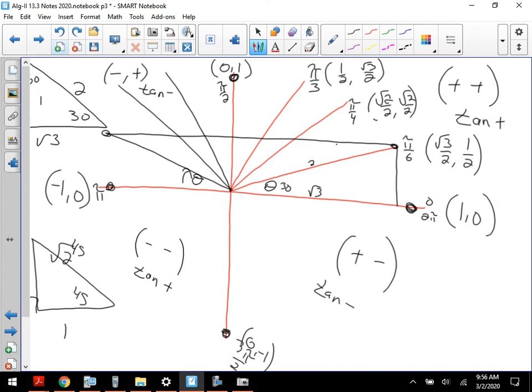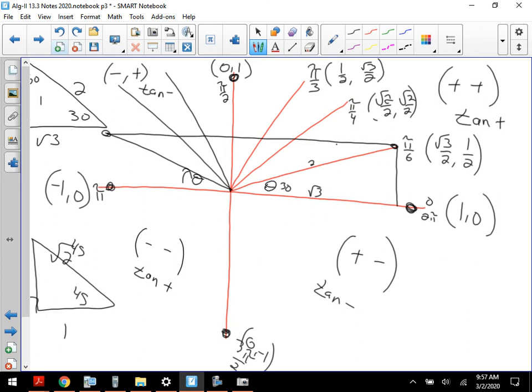So what I'm getting at here is, on the unit circle, which is what you guys are looking at here, there are basically 17 angles as you go all around, because I'm double counting 0 and 2 pi. Each one of those has an ordered pair. There's only 3 different ordered pairs, aside from the quadrantals.